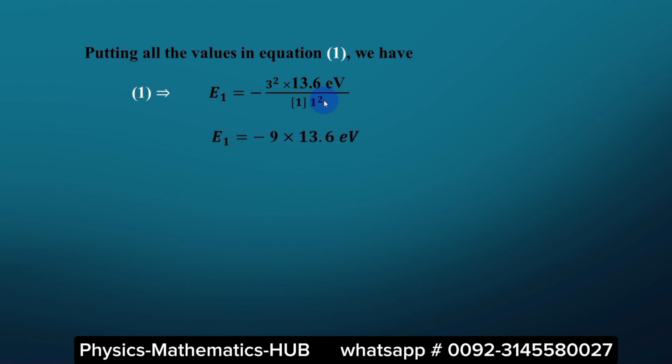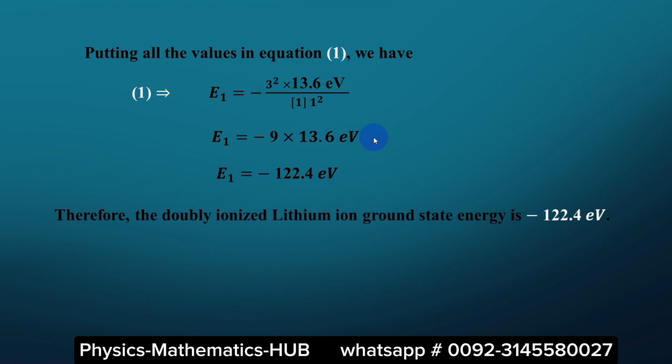Simplifying the fraction, we get minus 9 multiplied by 13.6 electron volt. After multiplying 9 by 13.6, we get minus 122.4 electron volt. Therefore, the doubly ionized lithium ion ground state energy is minus 122.4 electron volt.